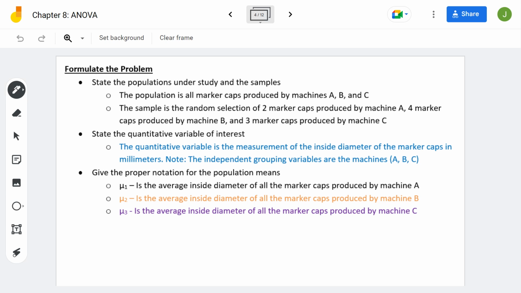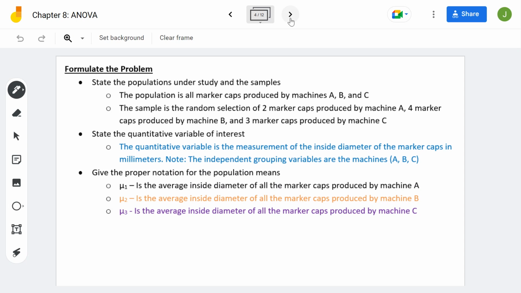It's the measure of the inside diameter of the marker caps. And then we definitely need to identify the different population means. So mu1 is the average inside diameter of all marker caps produced by machine A. Mu2 is the average inside diameter of all marker caps produced by machine B. And mu3 is the average inside diameter of all marker caps produced by machine C.